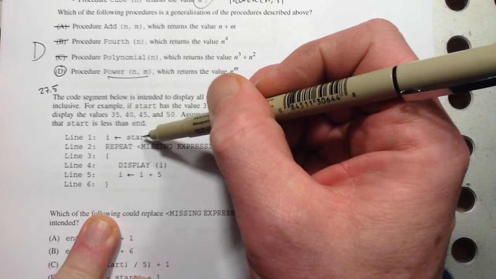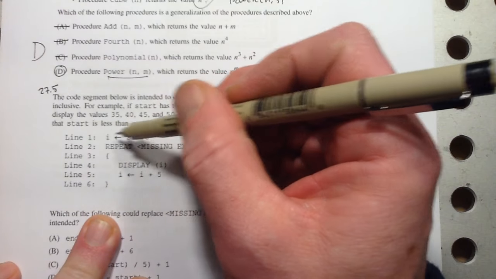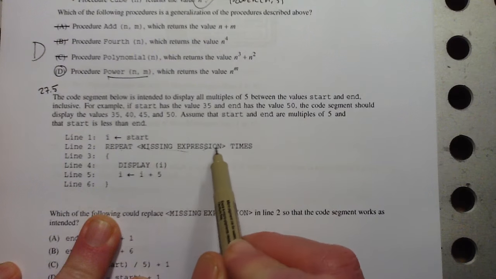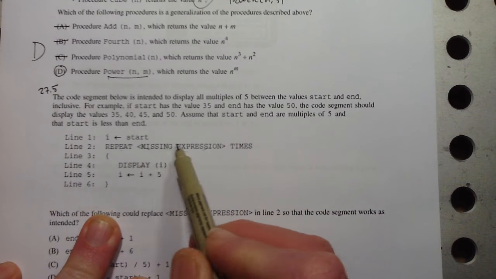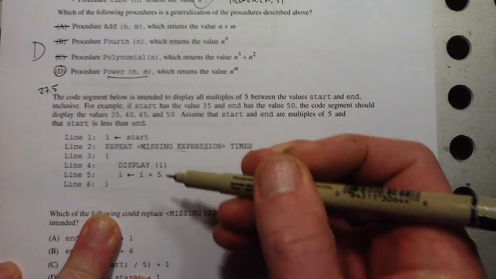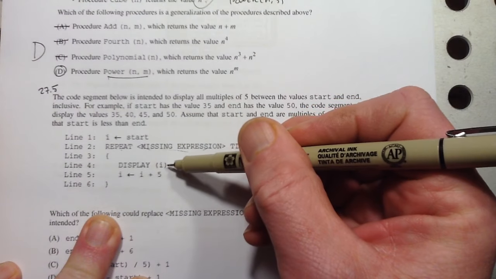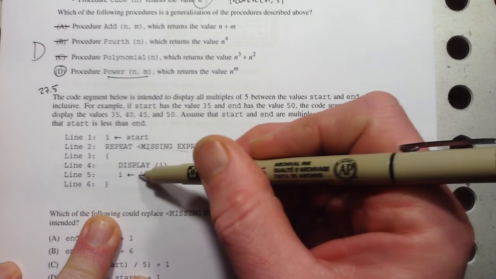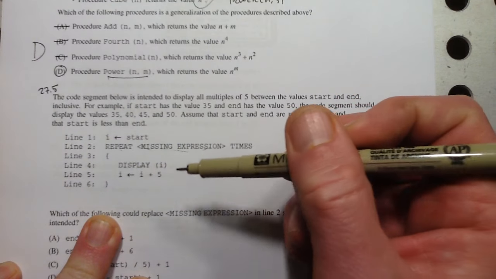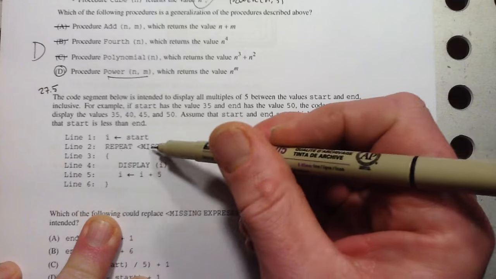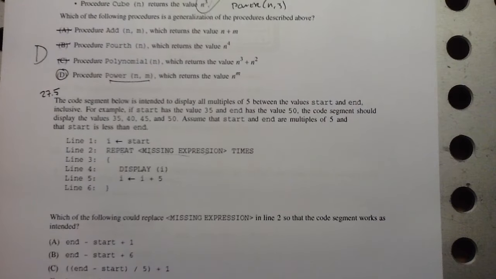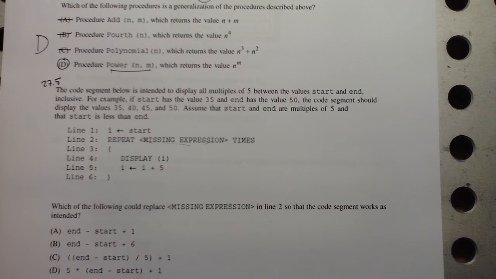So we're going to record the start value into I, and then we're going to repeat some number of times. So we'll need to figure out what that is, and then display I, and then increase that by 5, and then repeat that number of times. So how many times do we need to repeat it?